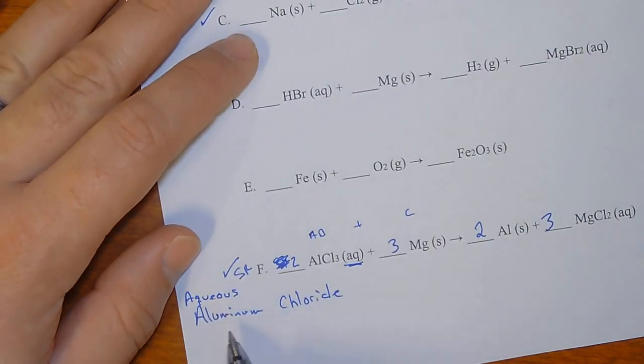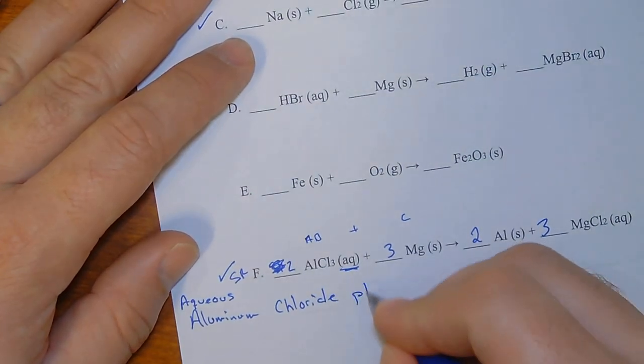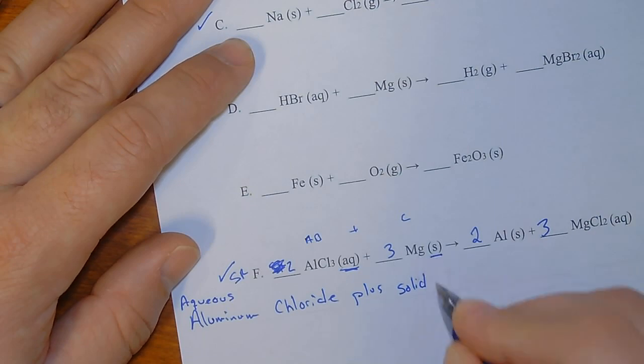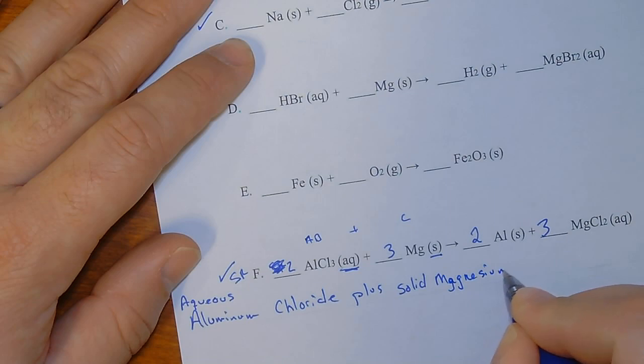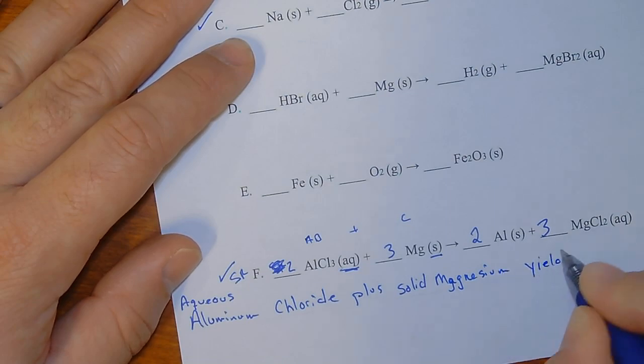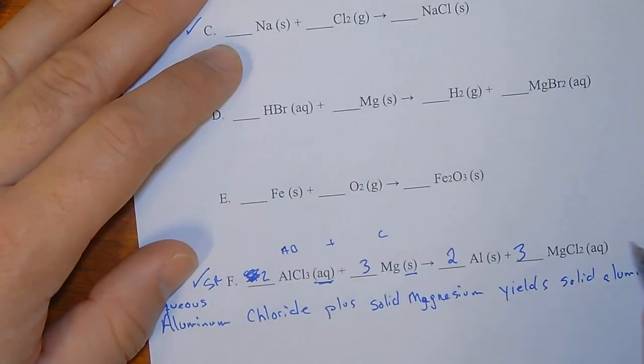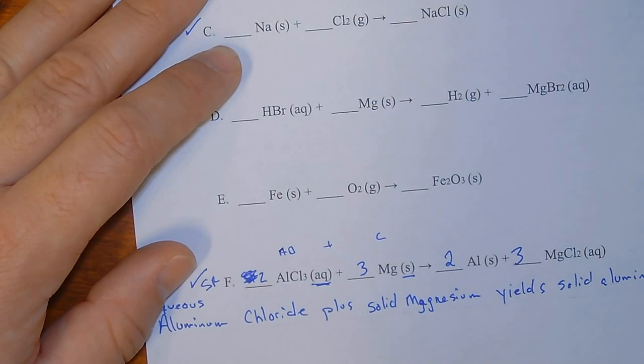So it should be aqueous aluminum chloride plus solid, not solid, magnesium yields solid aluminum plus magnesium chloride, aqueous magnesium chloride.